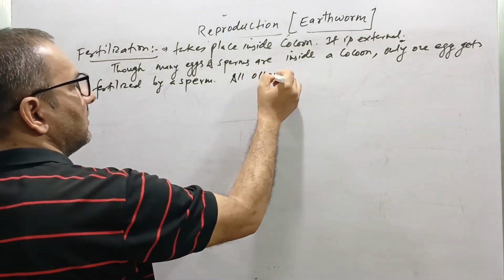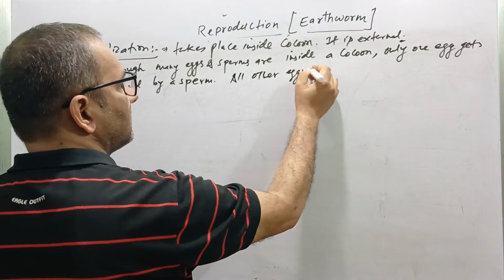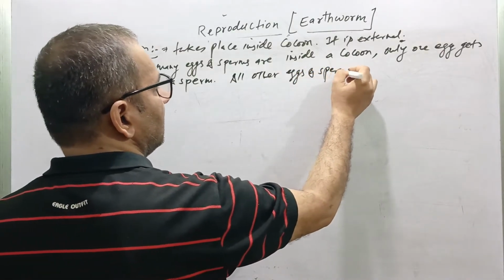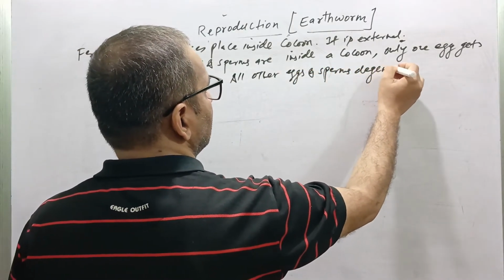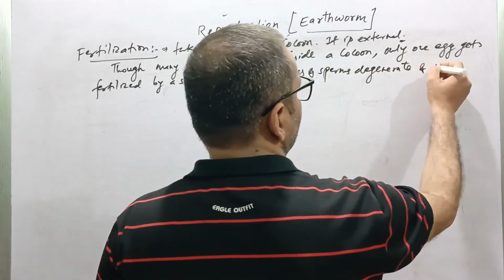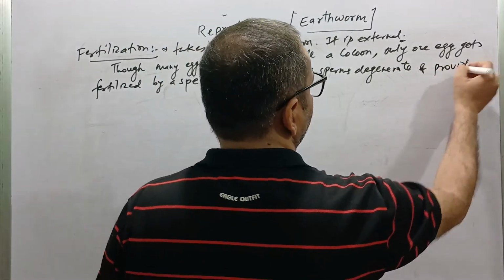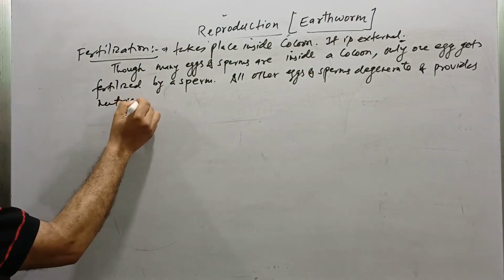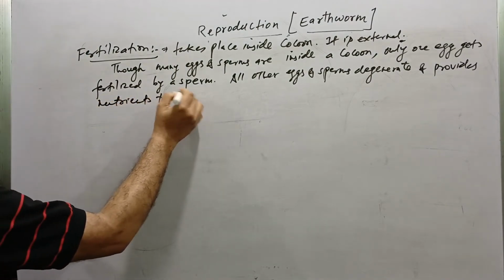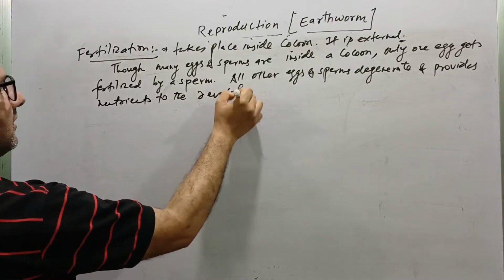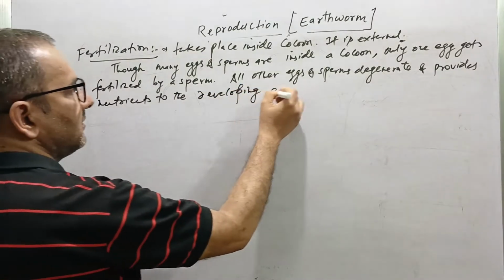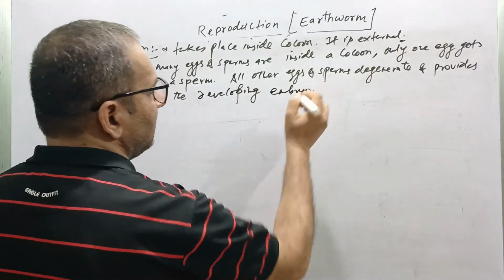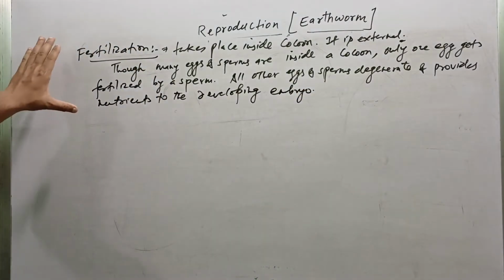All other eggs and sperms degenerate and provide nutrients to the developing embryo. So this is about the fertilization.